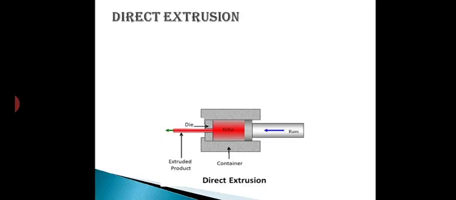The ram pushes the billet forward to the die, and the die has a cavity of the desired cross section. So at the end of the die, the extruded product comes out in the direct extrusion process.